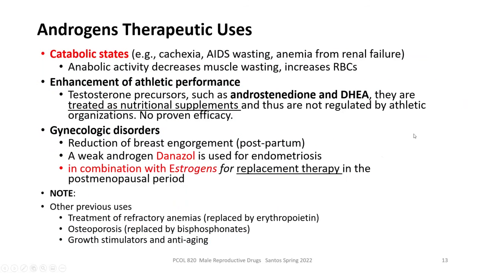So, therapeutic uses continuing. The first one is hypogonadism, right?